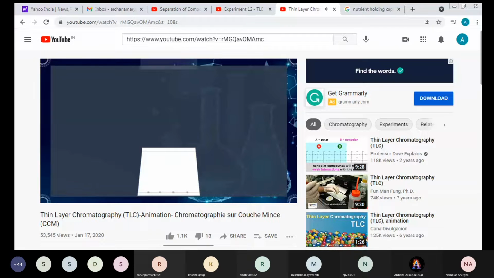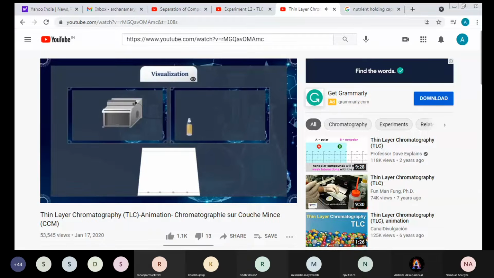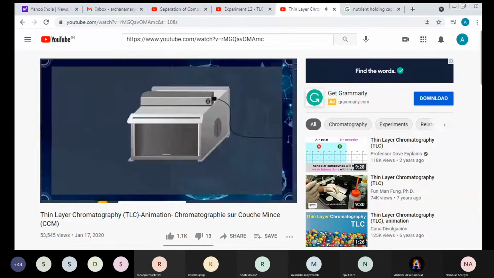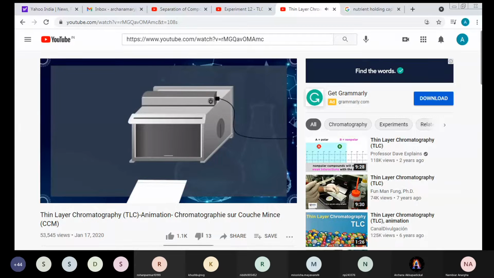The plate is visualized under the UV lamp or by using certain chemical reagents if the substances of interest are colorless. Some plates are pre-coated with a phosphor, allowing many compounds to be visualized by using ultraviolet light. Or a derivatization of the sample with fluorescent reagent can be carried out before running the TLC plate. As soon as the UV source is switched off, the spots will disappear again. Therefore, the positions of the spots should be marked by drawing a pencil circle around them.